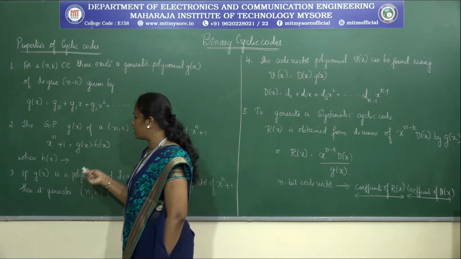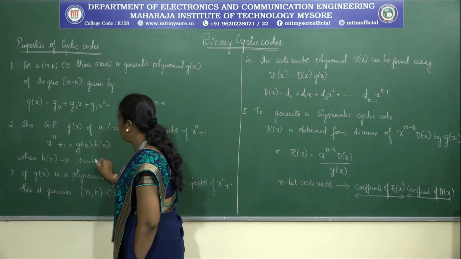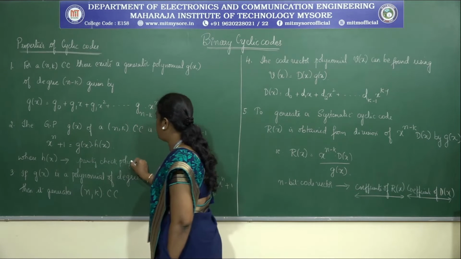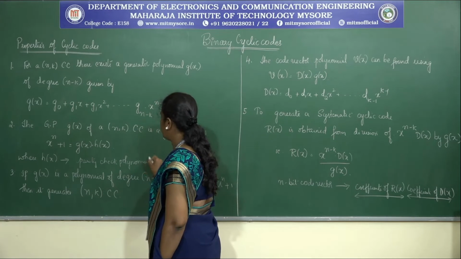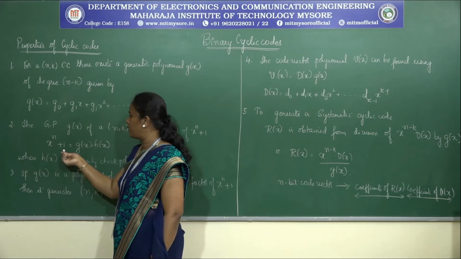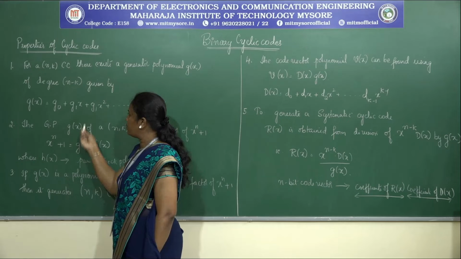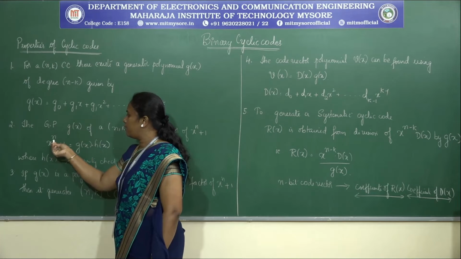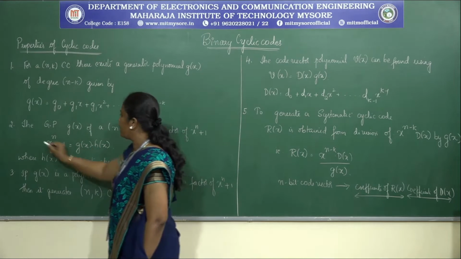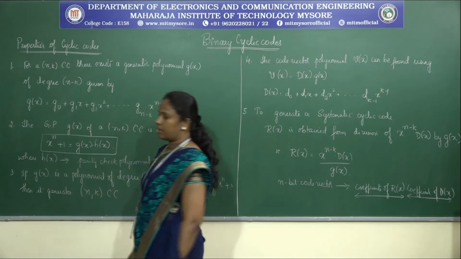You all know that h of x is nothing but the parity check matrix, or here we call it the parity check polynomial. So how are we going to find out h of x? This is by using the factor: x power n plus 1 is equal to g of x into h of x. Okay. So if you know g of x and the n value, you can calculate h of x from this particular equation, which is also the second property of your cyclic code.